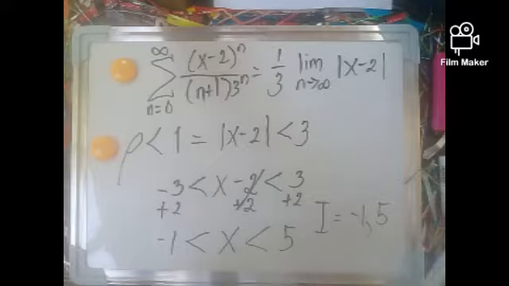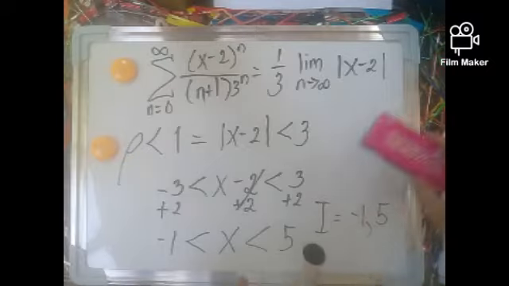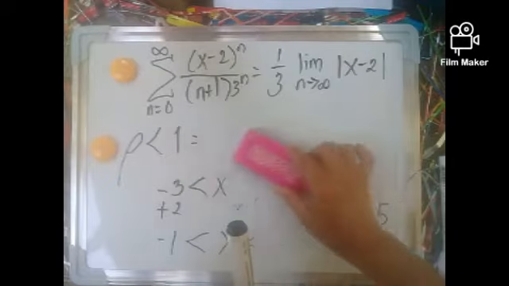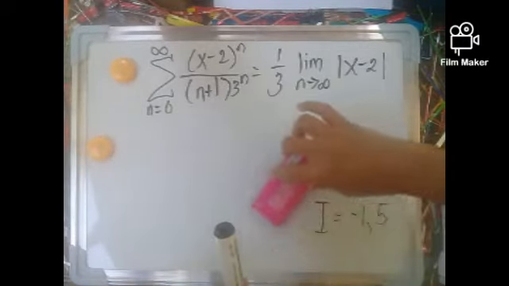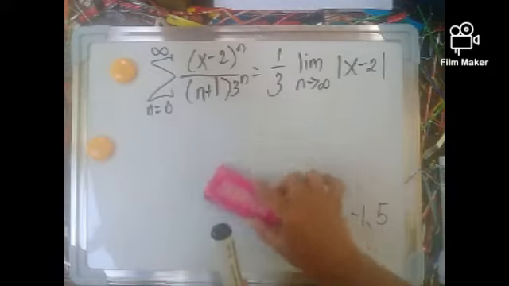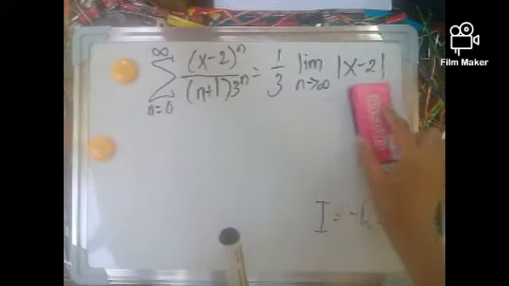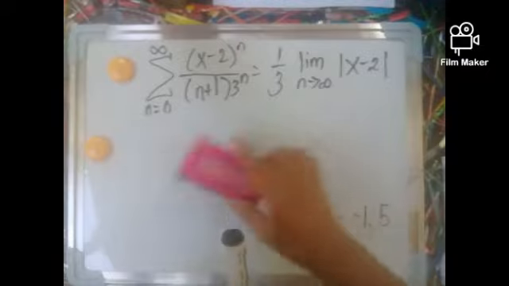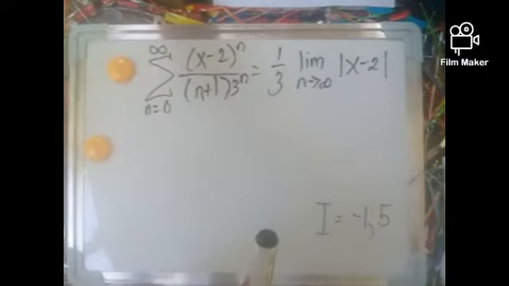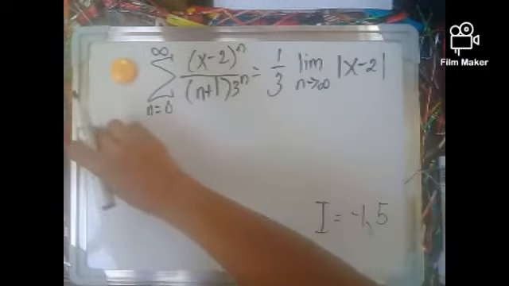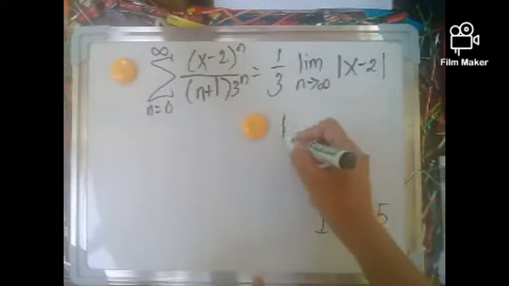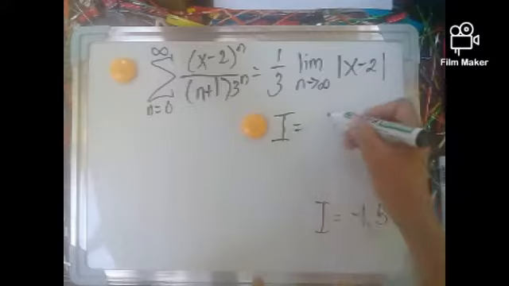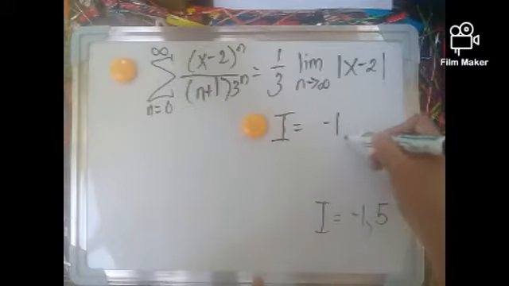So, pakitandaan natin, kasi gagamitin natin siya to prove if the series converge or diverge using the ratio test. Interval is equal to negative 1 and 5.